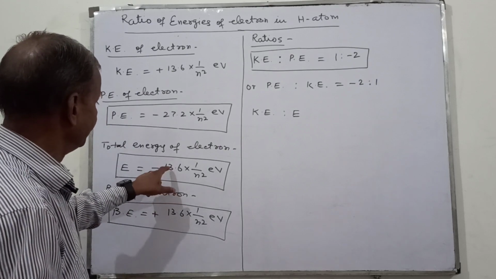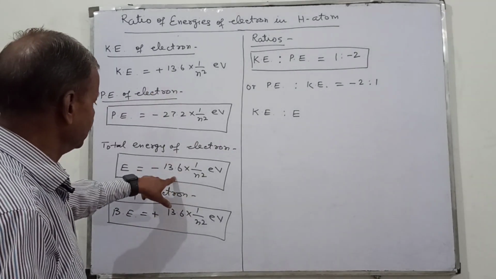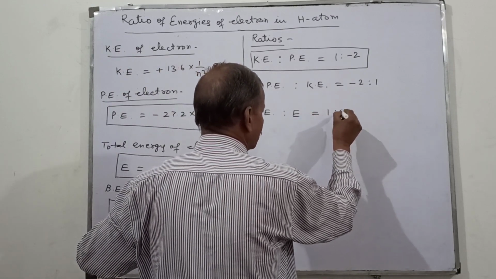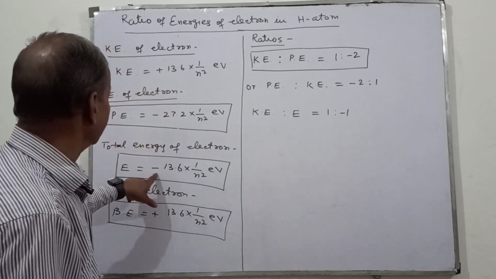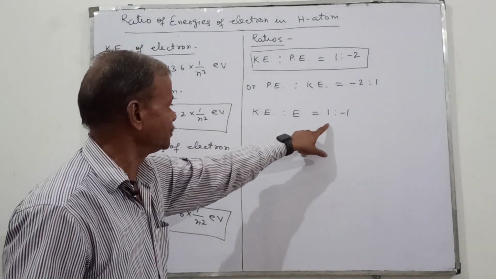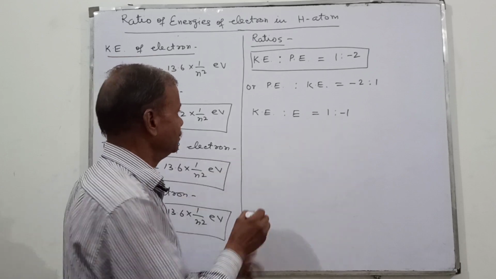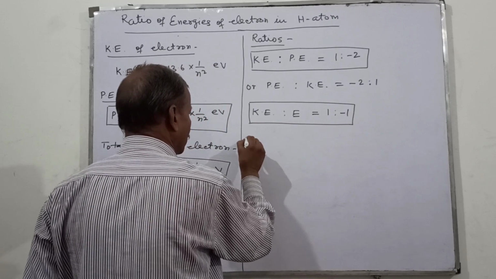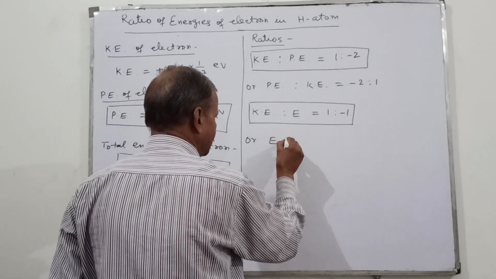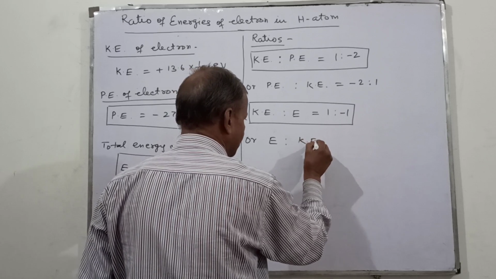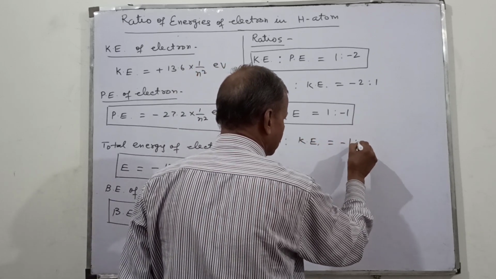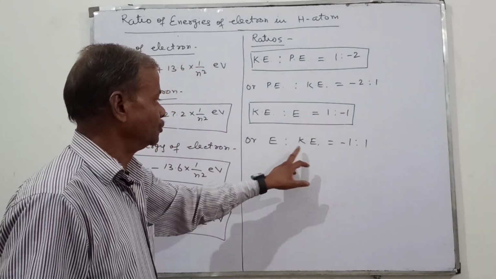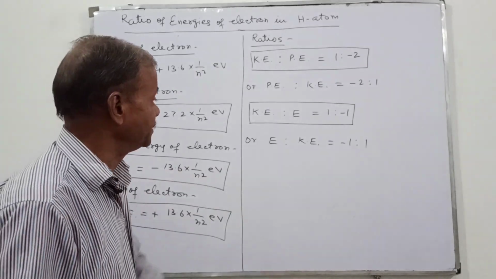Kinetic energy is positive and total energy is negative, so this is 1 ratio minus 1. Or total energy ratio kinetic energy, then this is minus 1 ratio 1. So this changes because we have changed the order of these energies.